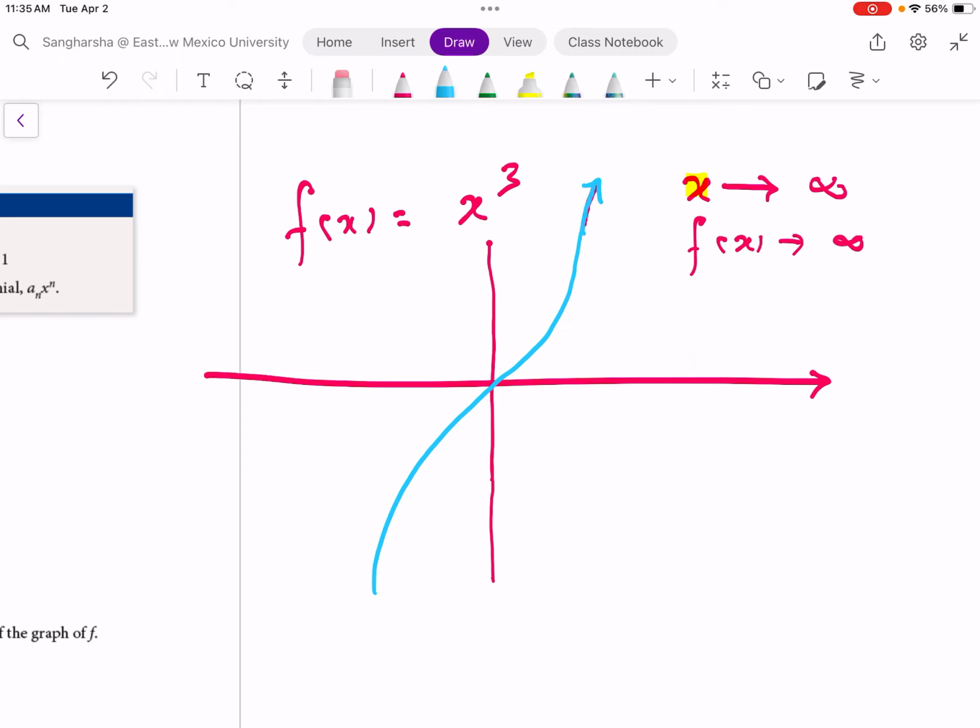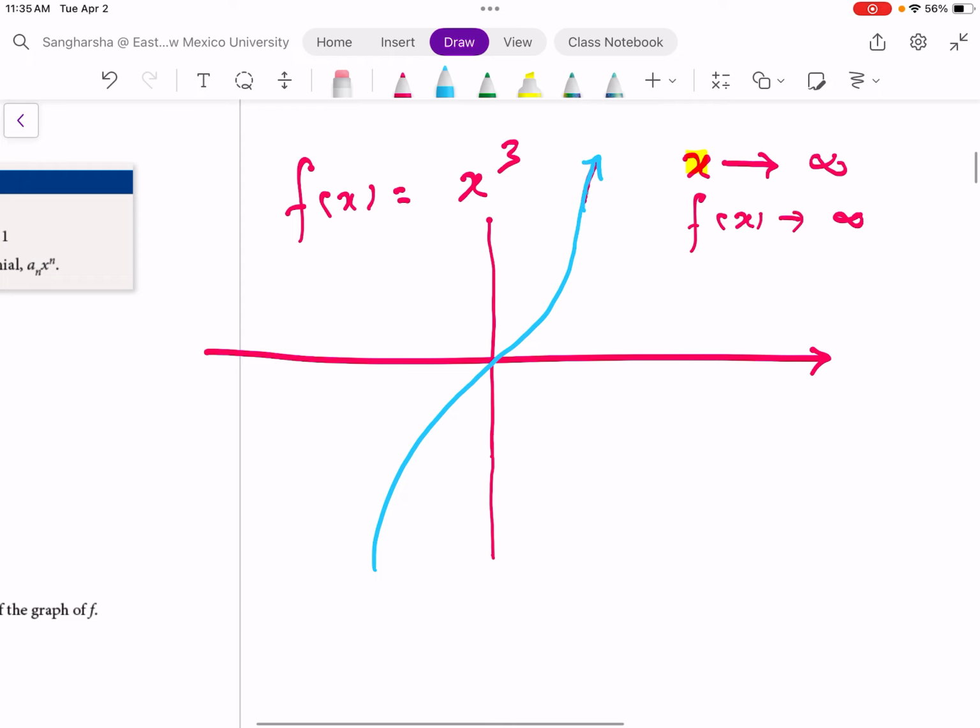In a similar way, if we choose our x input to be a very small number, like negative infinity, what happens to our output? Do we get a small or big output? We get a small one, so we get negative infinity.